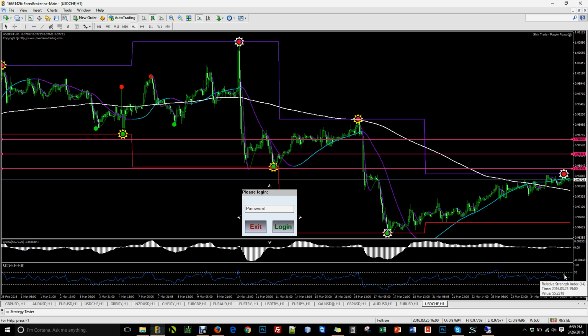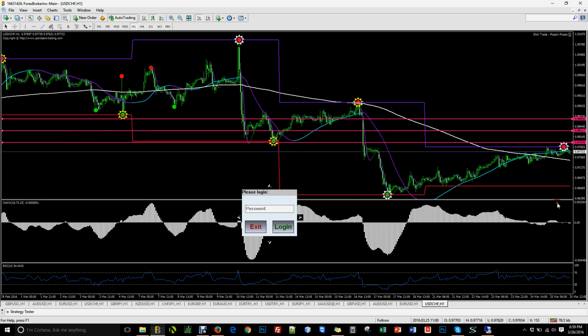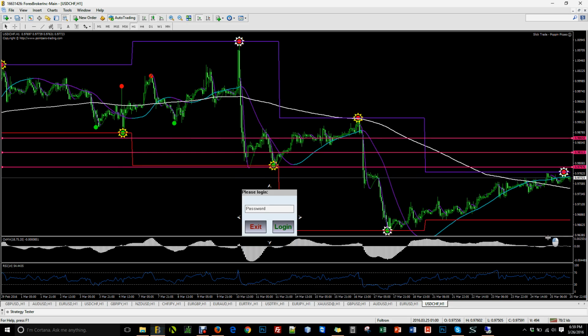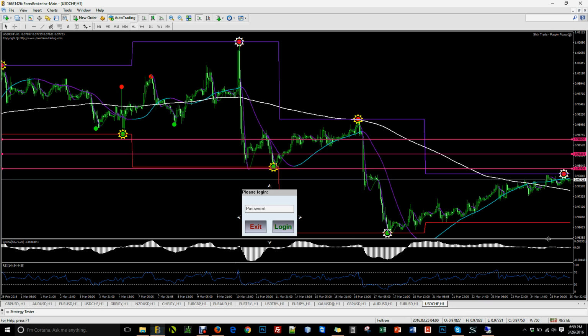RSI is not really showing a whole lot, and I'm not really relying on that for this, but the oscillator is showing some back and forth movement here, a little bit of what I like to call consolidation. So no real apparent flip.